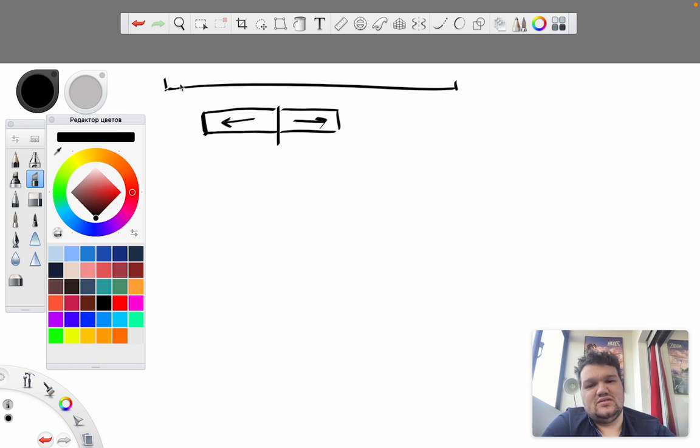So there are two pointers, and we can move both pointers only to the right, and when we move the right border to the right, we have to add this element here, and when we move the left border to the right, we have to remove the last element. And so we can implement that using two stacks.